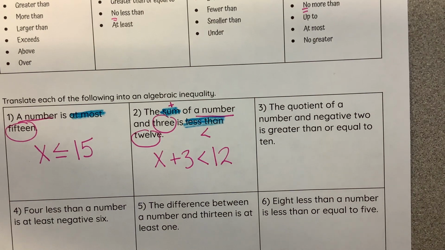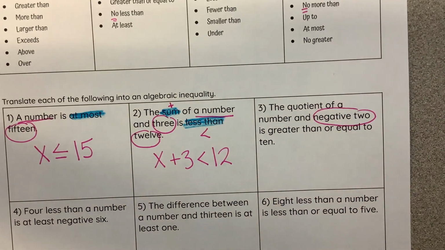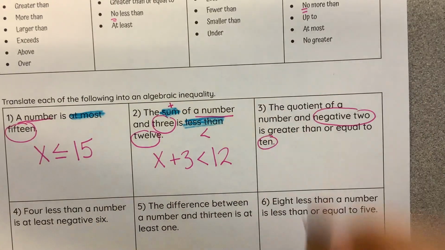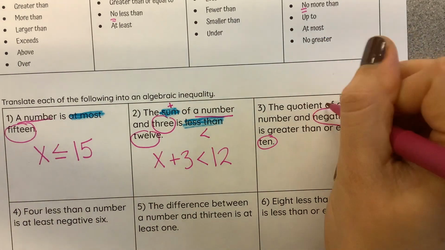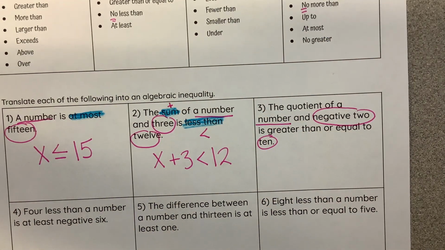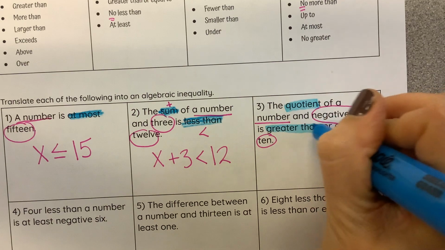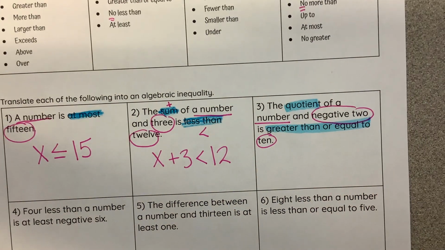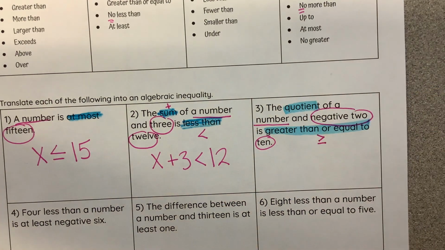Number 3, the quotient of a number and -2 is greater than or equal to 10. So I circled those numbers, underlining the quotient of a number, that's our unknown. And then keywords: quotient, which tells us division, and greater than or equal to tells us the symbol is greater than or equal to.